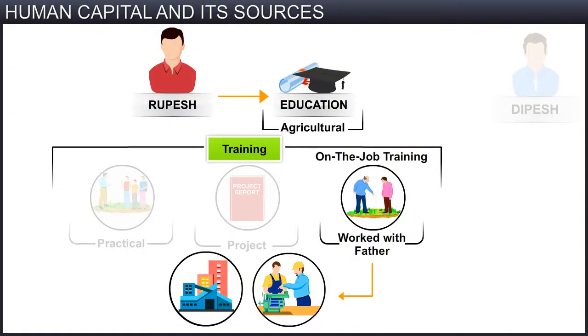Such training greatly enhances an individual's skill set. This is clearly visible from Rupesh's example, as his skills are much higher than Dipesh, who did not undergo any such training. This is why investment on training is one more important source of human capital.